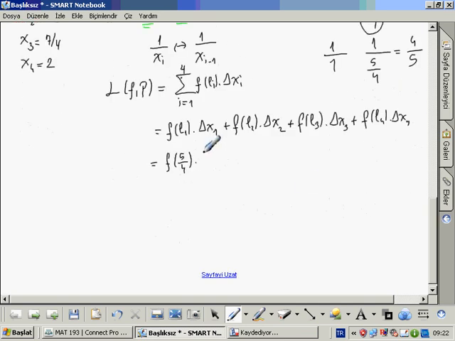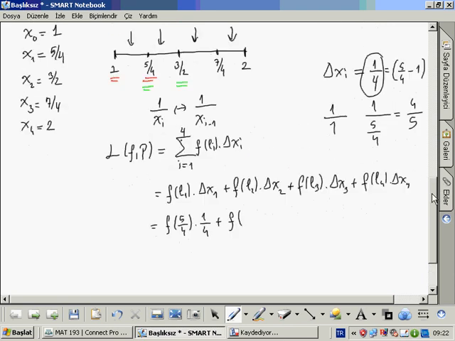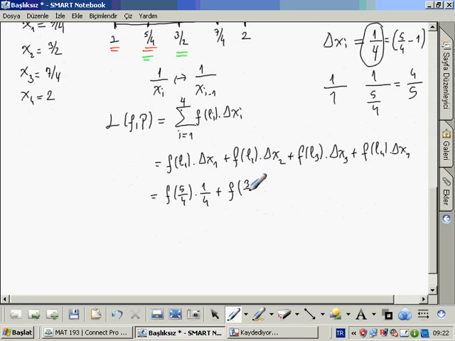So we have 1 over 4 times f of 5 over 4, plus f of 3 over 2 times 1 over 4, plus f of 7 over 4 times 1 over 4, plus f of 2 times 1 over 4. Because the 1 over x function is a decreasing function, the right value will always be smaller than the left value, don't forget.